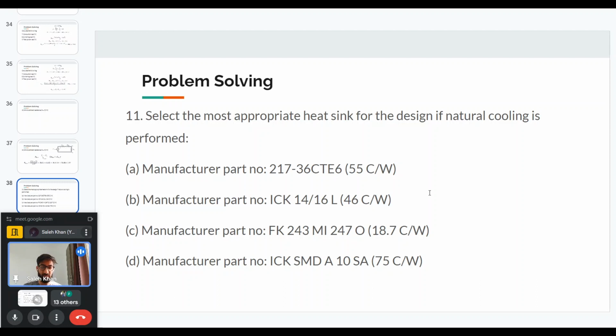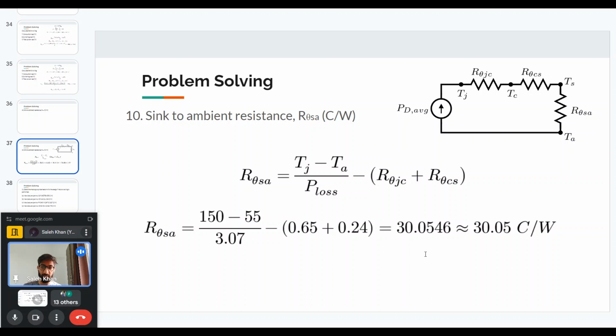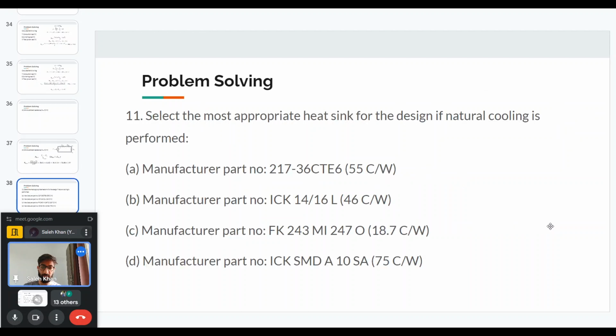So the question is asking which one should we choose. We saw in the previous problem, the answer to this would be 30 centigrade per watt. So I'm asking you guys, what do you think we should choose based on these thermal resistances that are given?